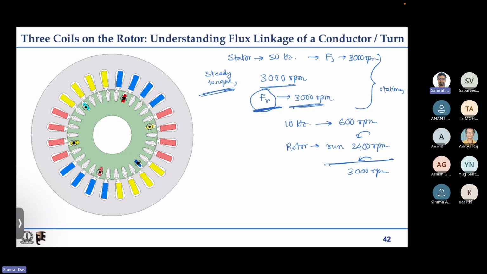Now my question is, is it actually necessary to give two excitations in this case? So that we will see by putting some coils in the rotor, as we have put in the last case also. For simplicity, we'll just put three coils. This is one set of coils, one terminal is cross, another terminal is dot.